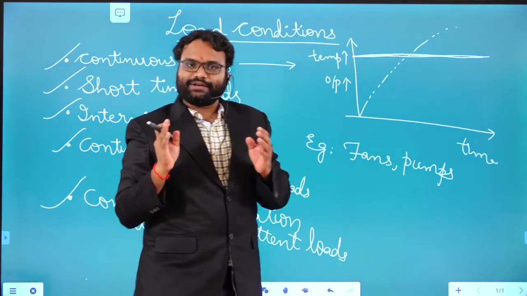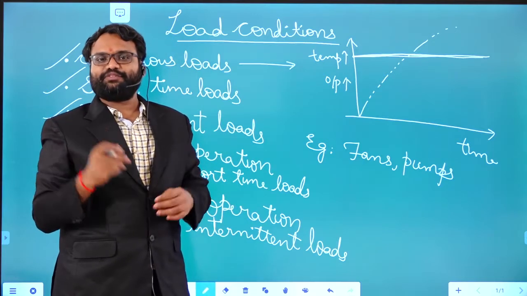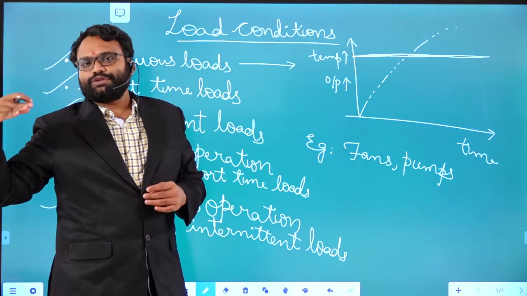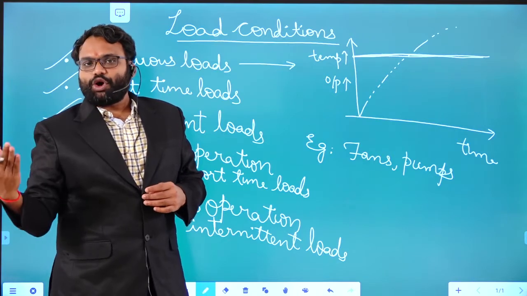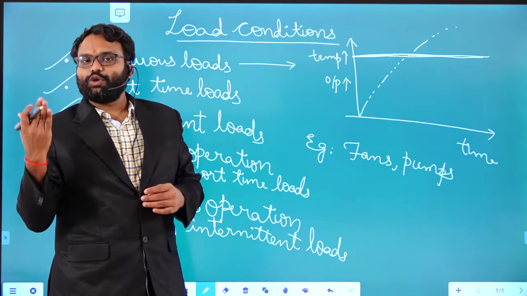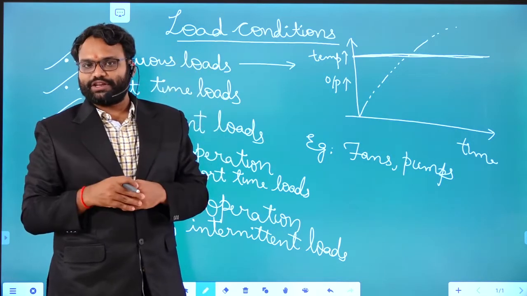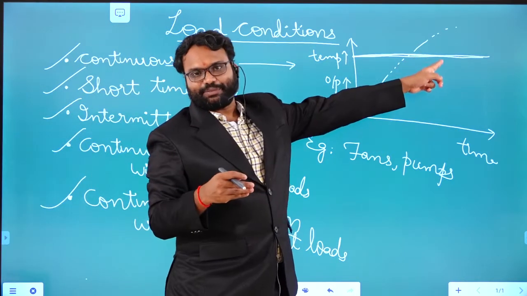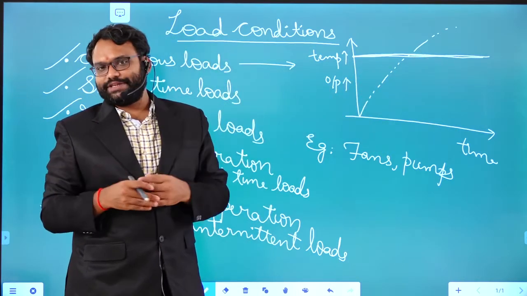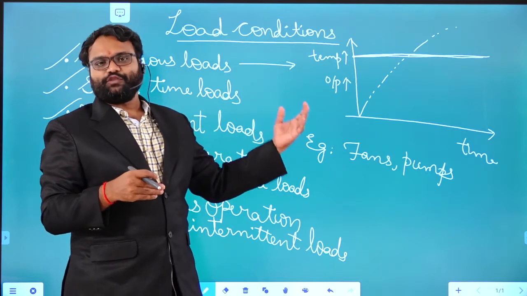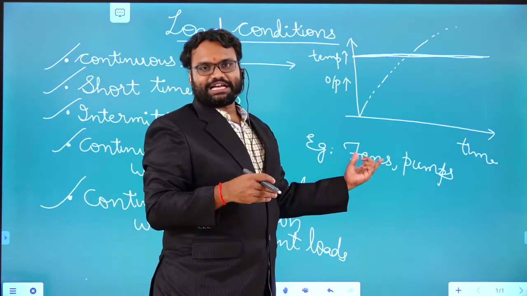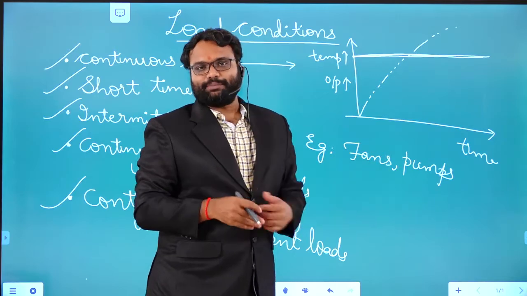In a practical example, we keep a fan on for about 5 hours, so that load is continuous. Because we are not switching off, we are not giving any time for the load to go from on load to off load condition, so the dotted line representing the temperature will keep on increasing. So these kinds of loads are known as continuous loads, and examples are fan loads and pump loads.